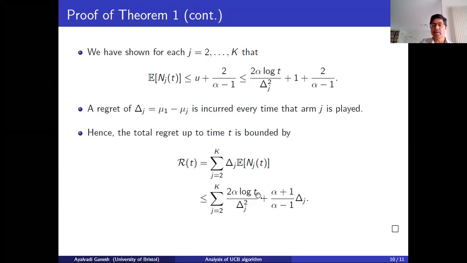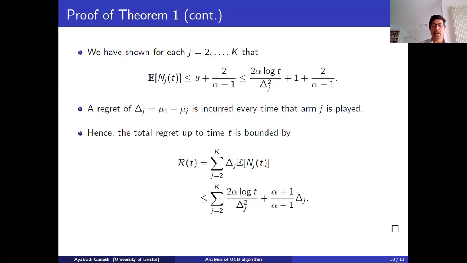You had a logarithmic scaling in time, and you had, okay, this should be a delta j, sorry. This delta j canceled one of these things in the delta j squared. So the denominator here, there's a typo. This should be delta j as in the statement of the theorem, and that's what you get. Okay, that completes the proof of the theorem.